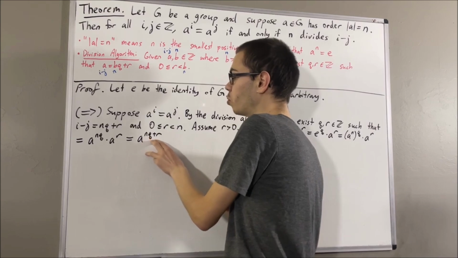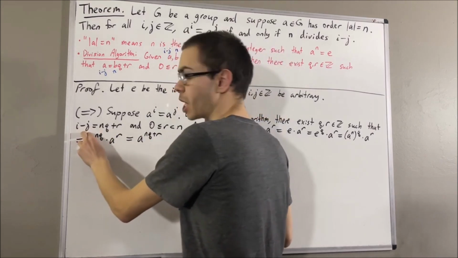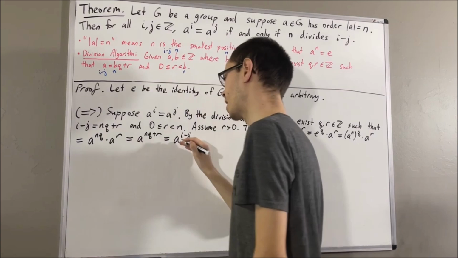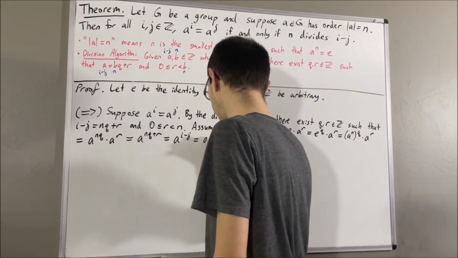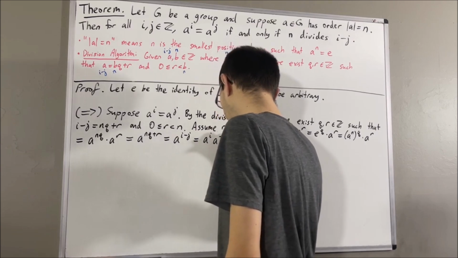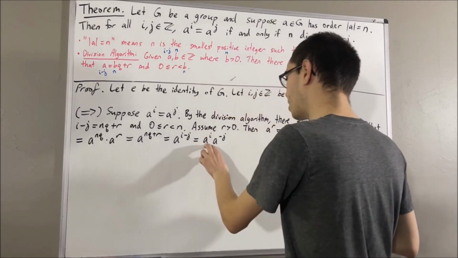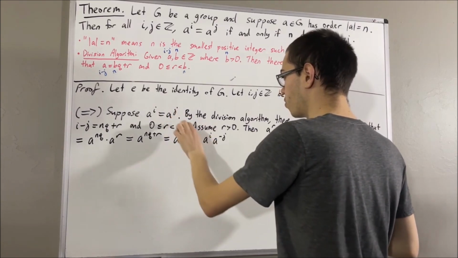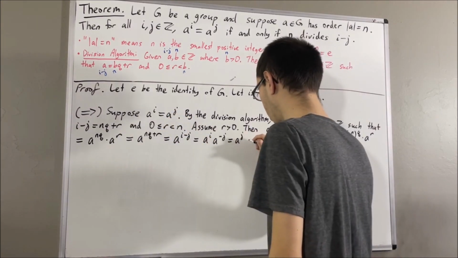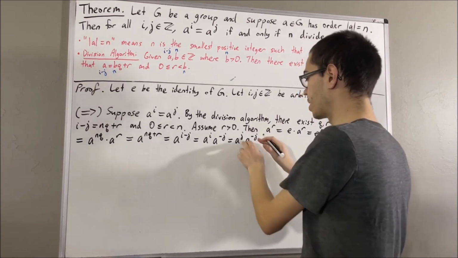But we know that nq plus r is equal to i minus j. So this is just a to the power of i minus j, and by properties of exponentiation again, this is a to the power of i times a to the power of negative j, and we know that a to the power of i is equal to a to the power of j. So we can replace a to the power of i with a to the power of j, so we get this, but then we can just add the exponents.